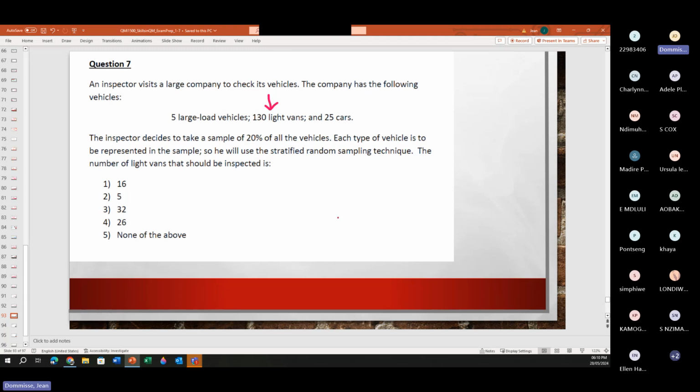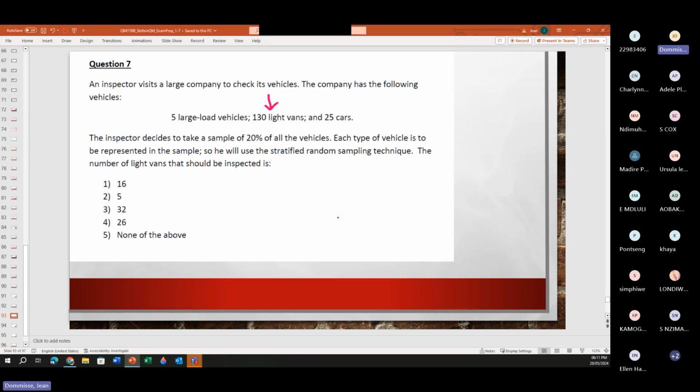I haven't seen a question like this before, so it is good that we are covering it. So what would you guys have said? The inspector decides to take a sample of 20% of all the vehicles. Each type of vehicle is to be represented in the sample, so you will use the stratified random sampling technique.